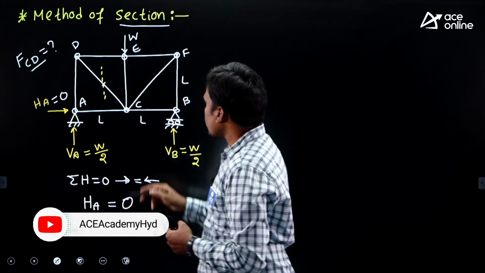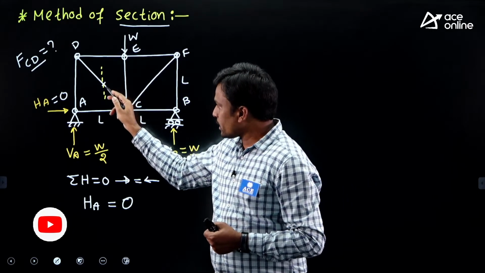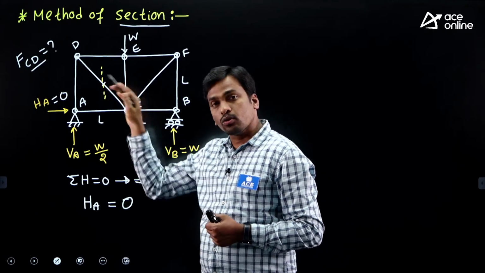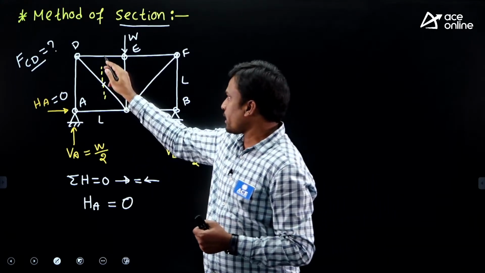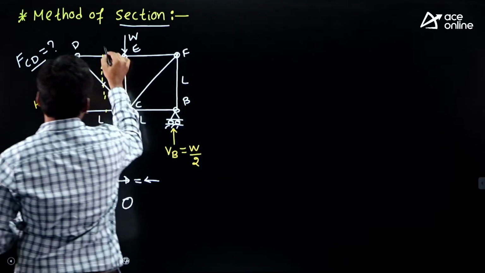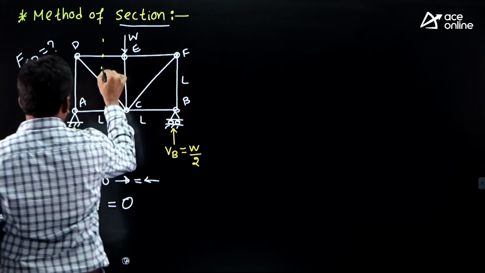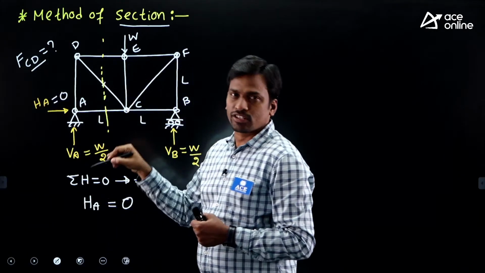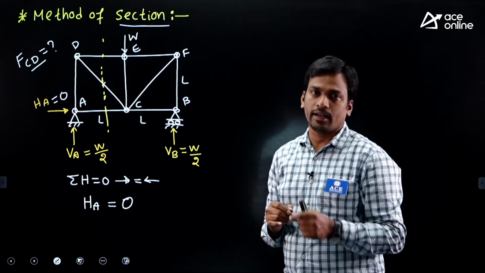If I cut only one member with this section, is it dividing the entire structure into two separate parts? No. There is a connection here and there is a connection here. If I cut the structure like this, cutting the structure means it is a section only, students. I told you a section is an imaginary cut.